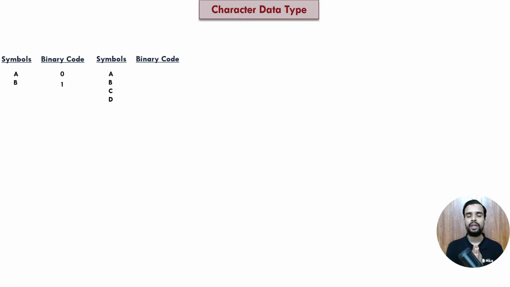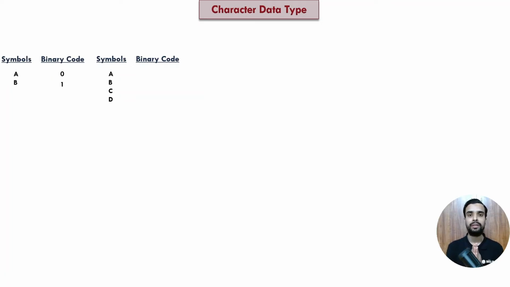Just think about it. If to the first symbol, I assign the binary code as 0, and to the second symbol, I assign the binary code as 1, do I have any other options? Am I left with any other binary digits so that I'll be able to assign the binary codes to the remaining 2 symbols here? 100% it is not possible. Oh, you're absolutely right, sir.